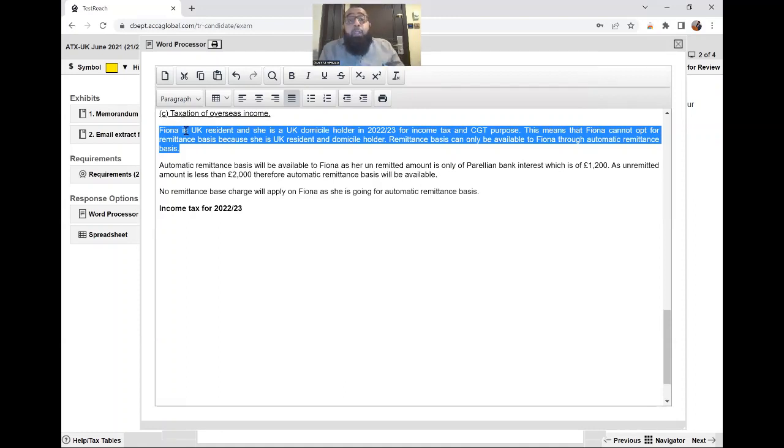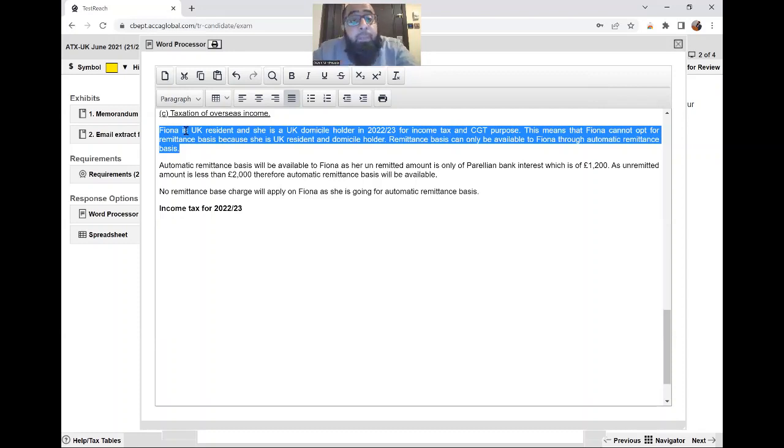This means that Fiona cannot opt for remittance basis because you are a resident and you are a domicile holder, so you cannot opt. Opting is only available to non-domicile holders. So if opting is not available, then there is only one thing, which is automatic remittance basis.